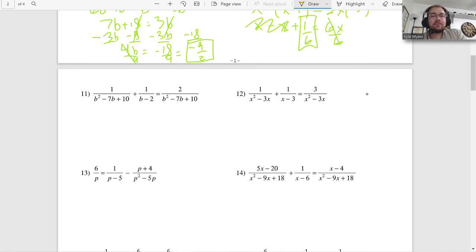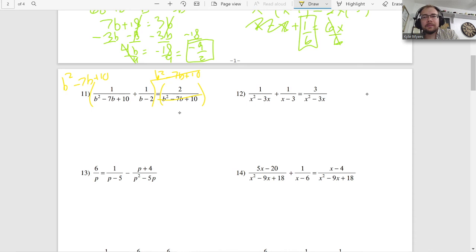Now, you could always get away with basically the same logic that we did before, like, hey, just multiply by the biggest thing. So we'd multiply all three things here on both sides of the equation by b squared minus 7b plus 10, and then by b minus 2. So if you're not that great at factoring, you could do it the long way. Okay, multiply everything by b squared minus 7b plus 10.